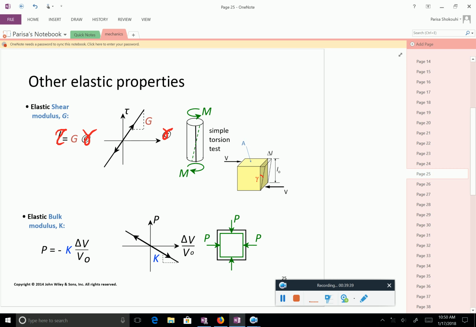And the proportionality coefficient is the shear modulus. Typically we use it for that.